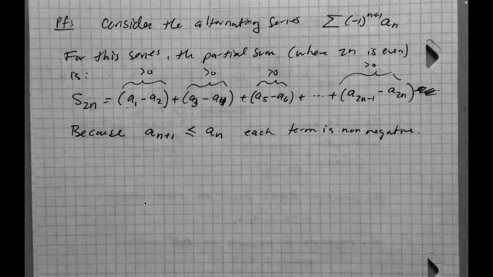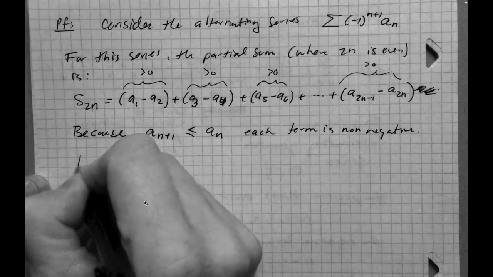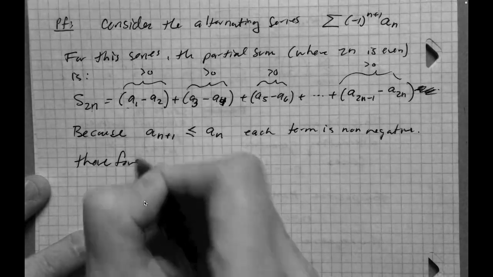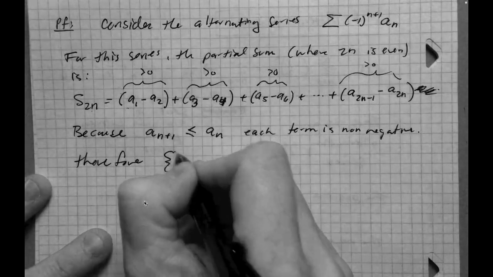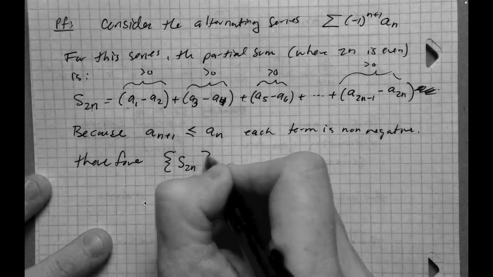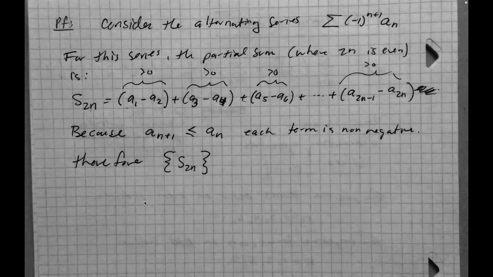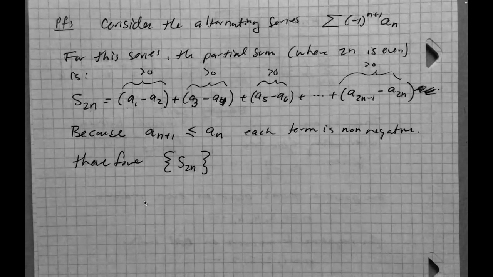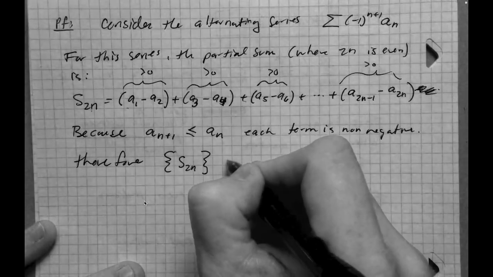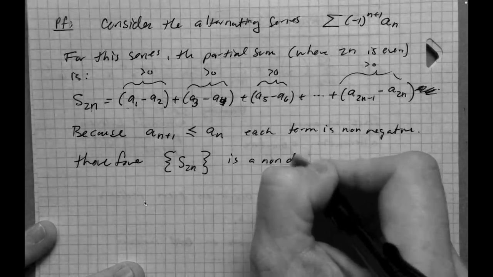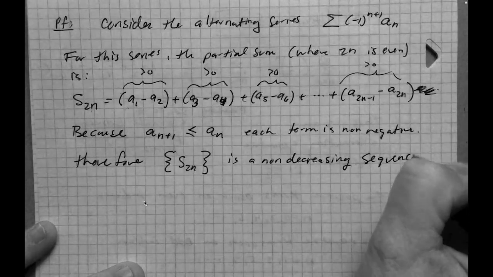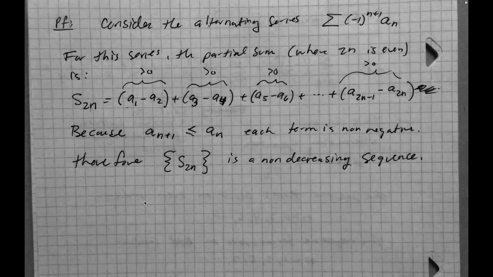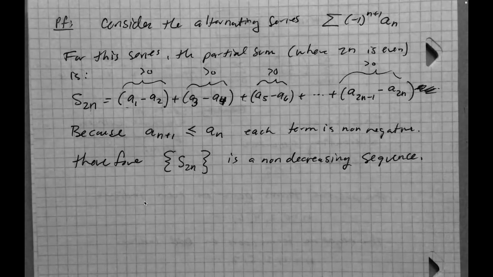All of these terms are non-negative, and therefore you can say that the sequence of partial sums is going to be a non-decreasing sequence. So we've got a non-decreasing sequence of partial sums here.